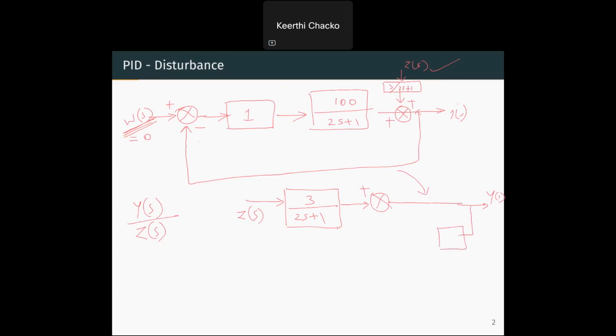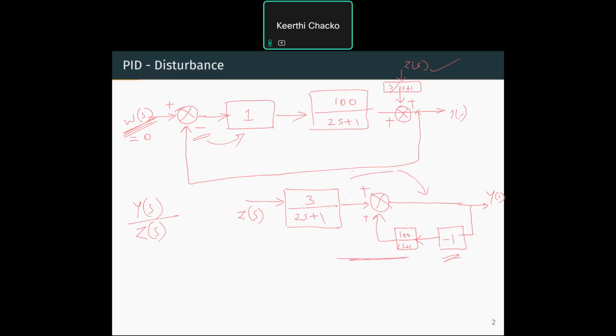Since there is no input, you can take that negative, this negative here multiplied with 1, that is written here, minus 1, and the transfer function 100 by 2s plus 1, that is being added. So this is the restructured block diagram.